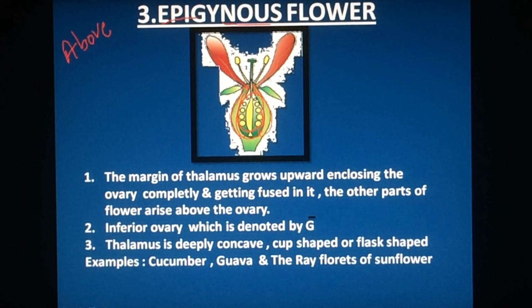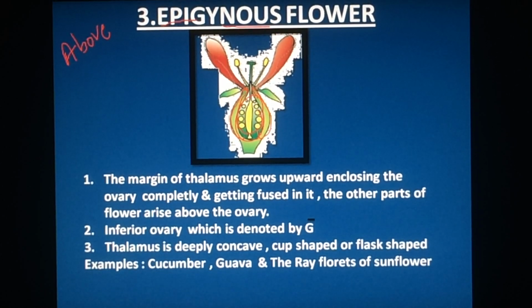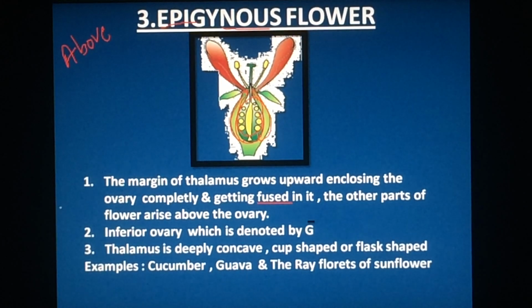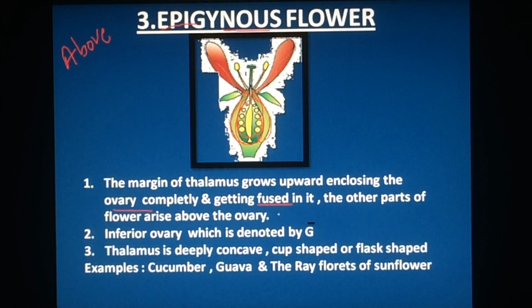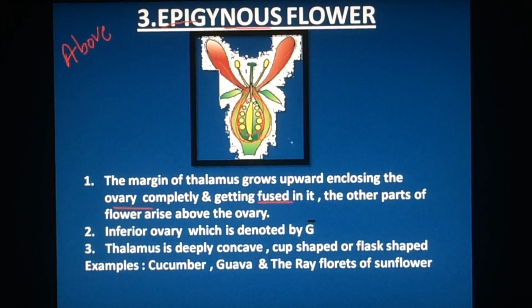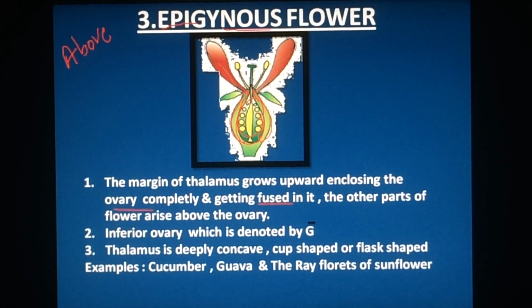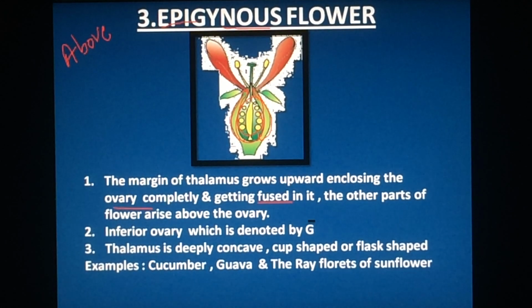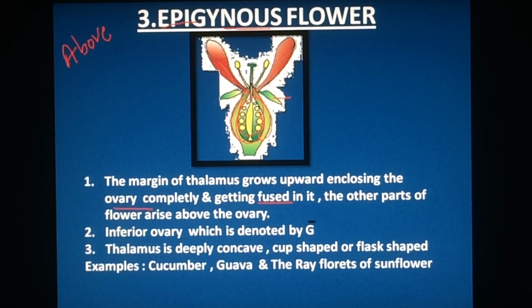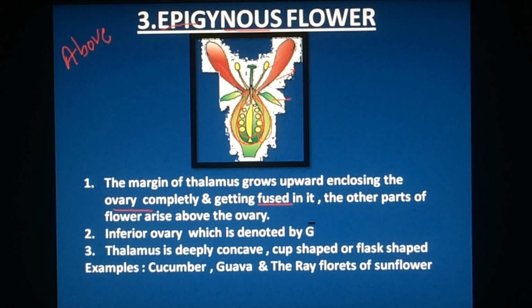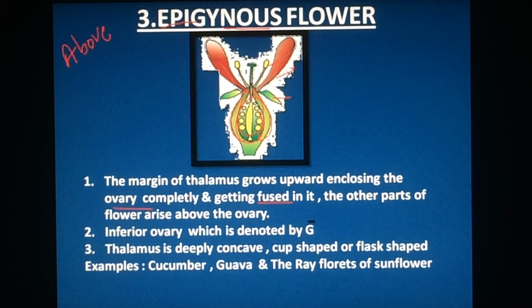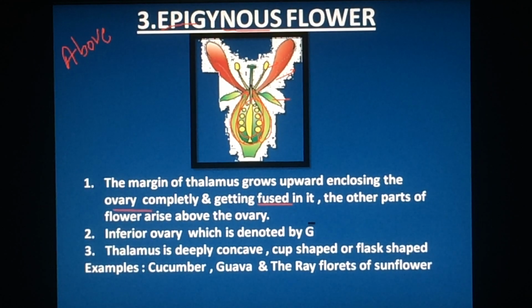Ovary is present inside, but ovary and thalamus are fused. Ovary completely fused. Other floral whorls like calyx, corolla, androecium present above the ovary, above the gynoecium.